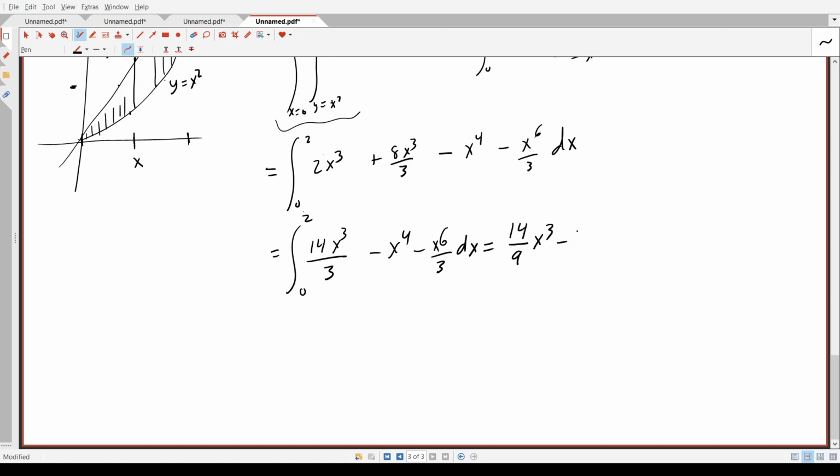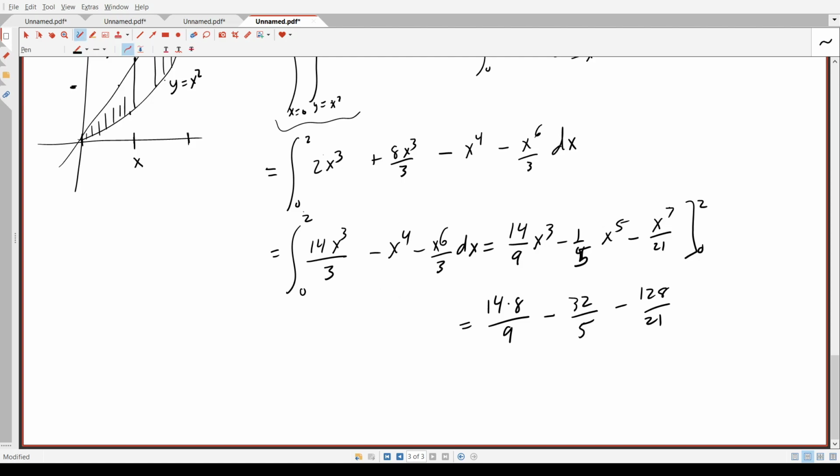x cubed minus 1/5 x to the 5th minus x to the 7 over 21 from 0 to 2. Okay, so we plug these in, and I get 14 times 8 over 9 minus 32 over 5 minus 128 over 21.